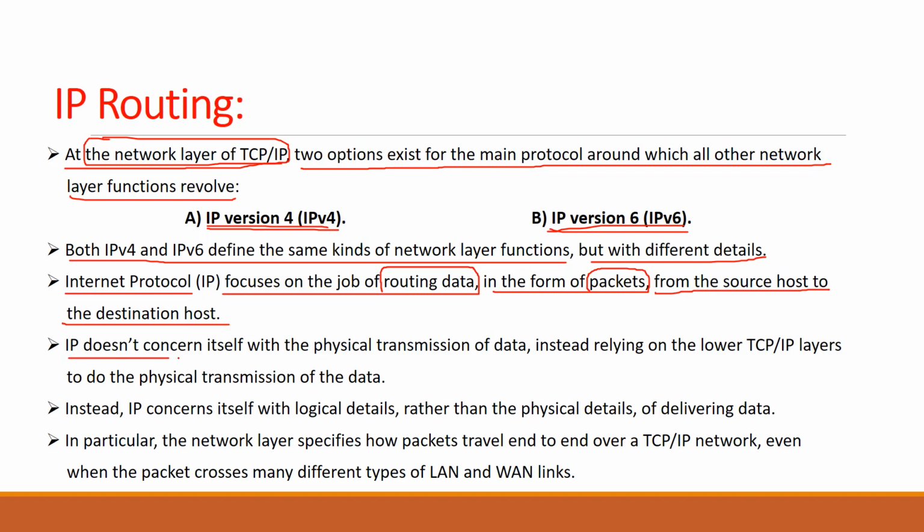IP doesn't concern itself with the physical transmission of data. Instead, it relies on the lower TCP/IP layers to do the physical transmission of data through the data link layer and the physical layer, which are layer 2 and layer 1.